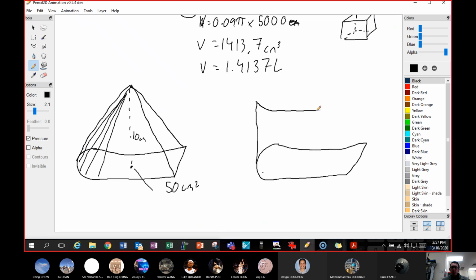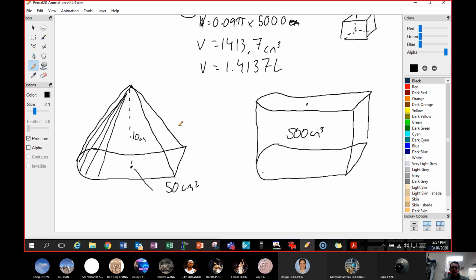Saying the cross section is the same all the way through, this would be 500 centimeters cubed.